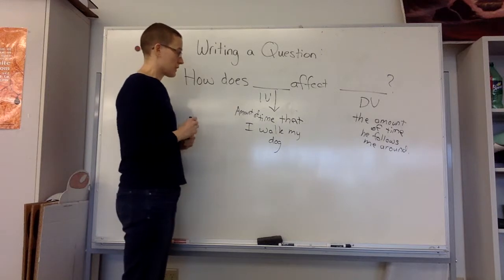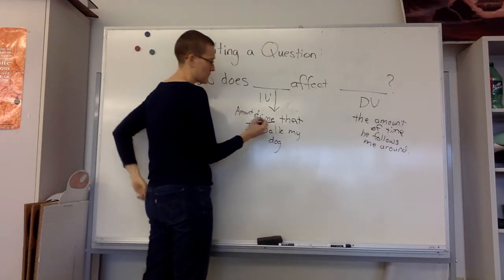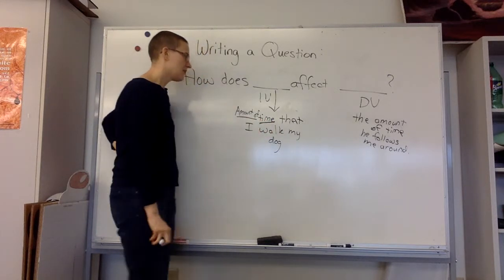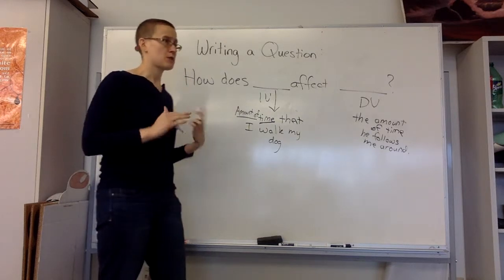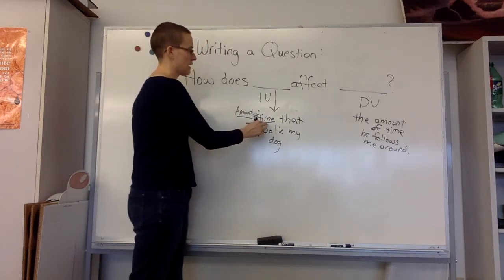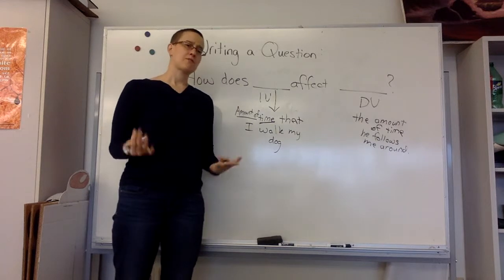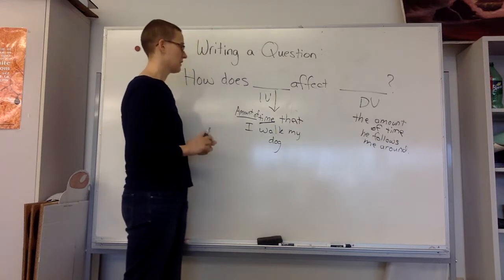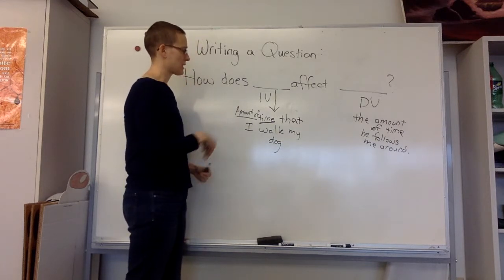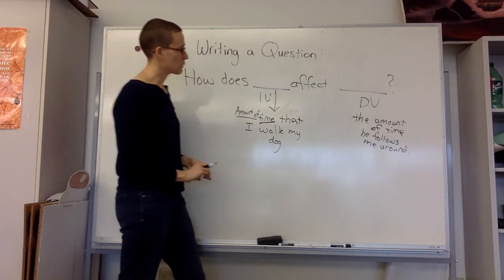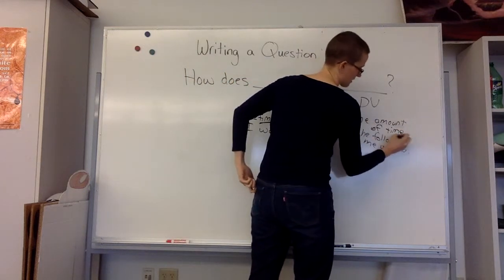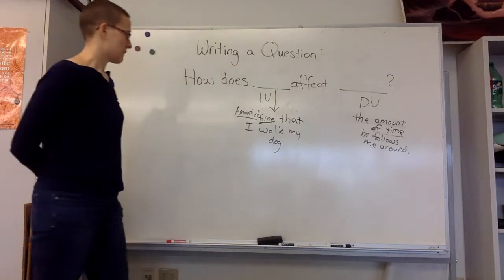So notice that I made the change from time to amount of time. That's because I want to tell how I'm going to measure time. If I just said time, it might mean the time of day, it might mean the amount of time, so I need to specify. In both cases, my variable is the amount of time.